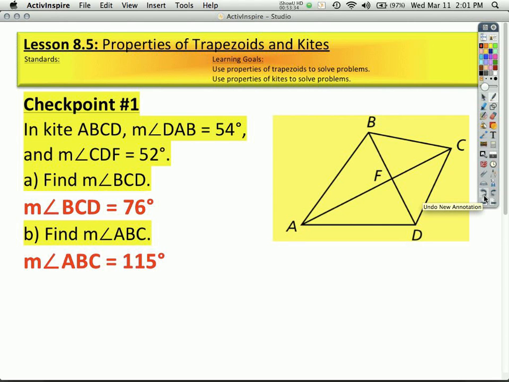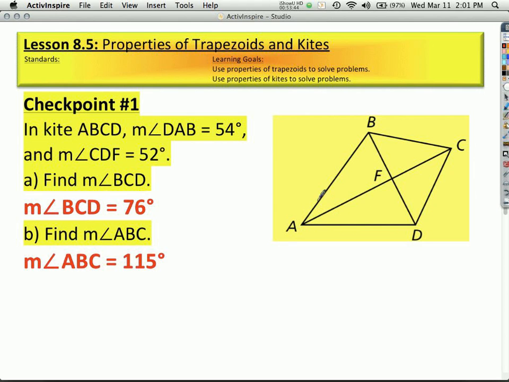Which one? Okay. So, DAB is 54 degrees. This whole angle is 54. CDF is 52. So we can put a 52 right there. Did you fill that in on your diagram? Did you fill in this?